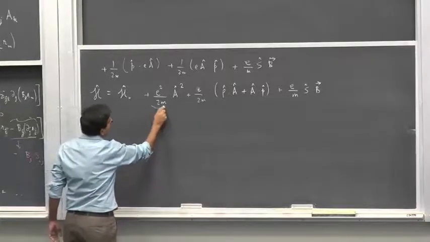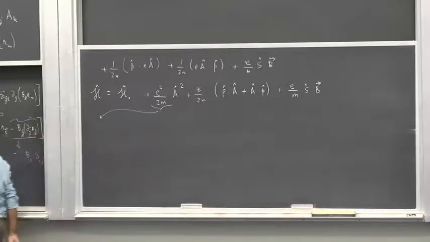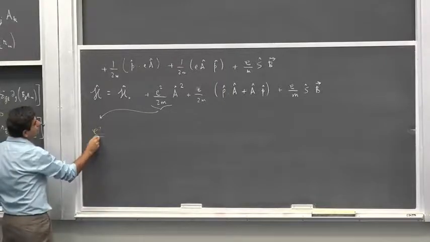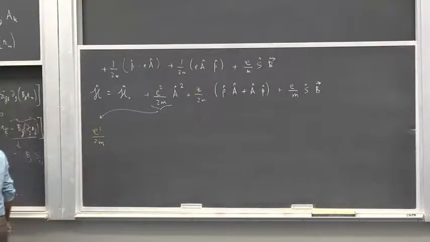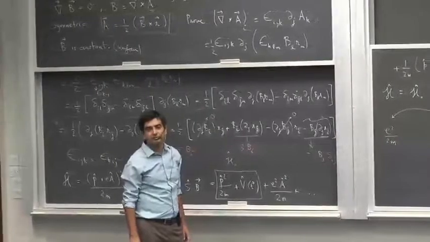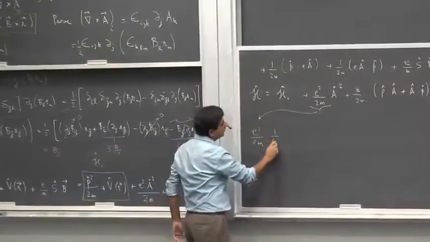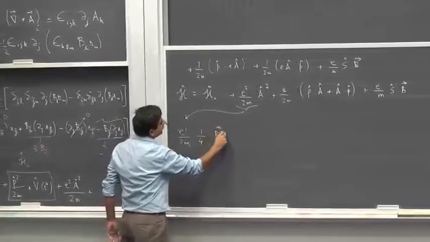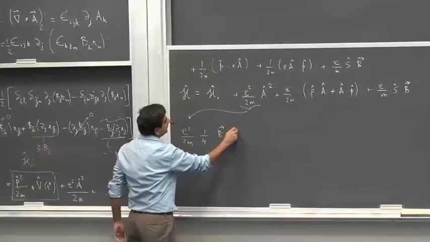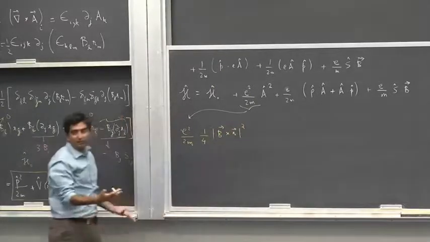This term over here is somewhat clear because I have an expression for A. This term is e squared over 2m. My A is half into B crossed with R. So this term is really 1 over 4 modulus square of B crossed with R. So this term is somewhat clear.